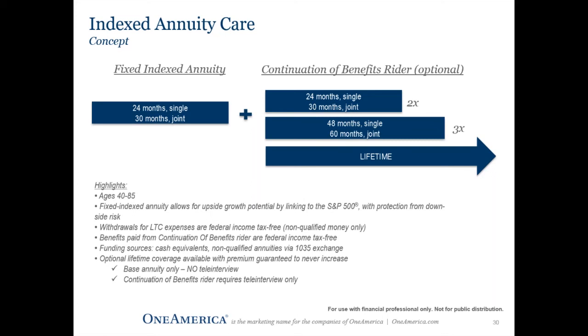Hey, my client's got $50,000 that they can put into this index annuity care, and they want lifetime long-term care. Well, Jason here at URL, he'll just work the case backwards and say, okay, we're going to break this thing out. We'll put X amount in the base annuity. We'll put Y amount into the rider. And lo and behold, we come back with $150,000 split between base and rider.